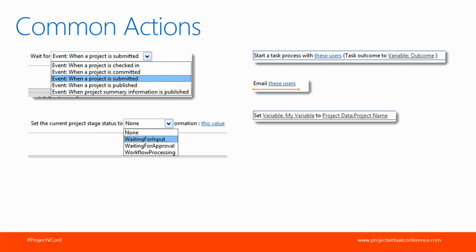So it gives you a configurable interface for defining who receives the email and what's in it. And the last common action I show here is something called a set variable. So if you want to store information, maybe you want to collect a project cost or a project finish date at a certain point in the workflow, you're able to do that using variables.